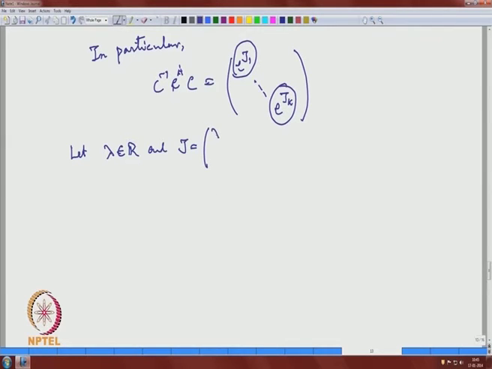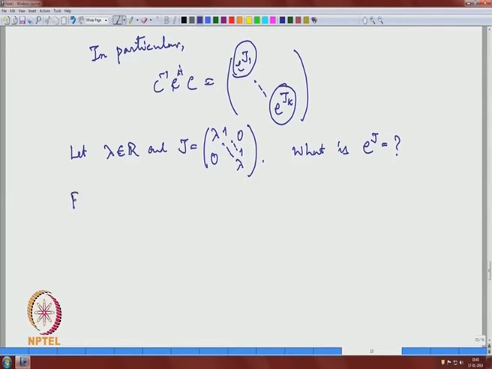This is a square matrix of some order. So, what is e to the J? That is the question.